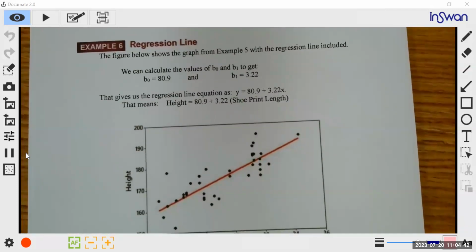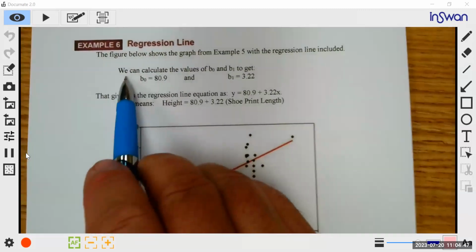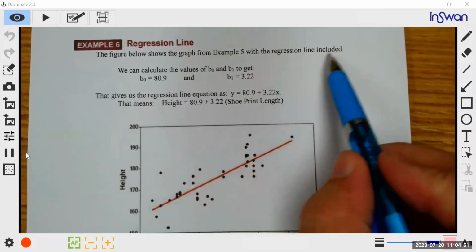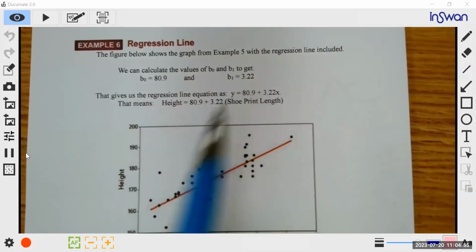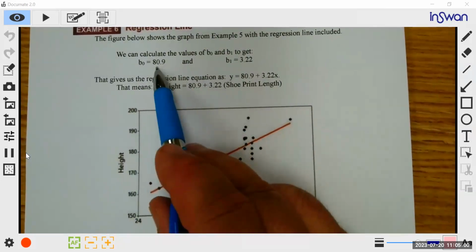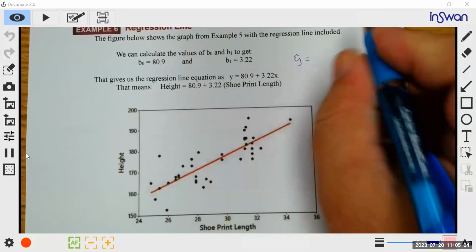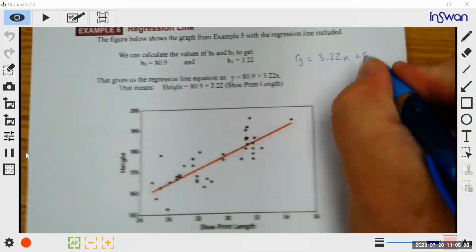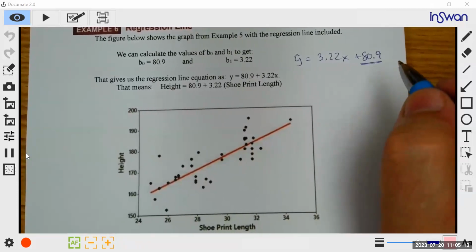Here's the example. This is our last example. Regression line. The figure below shows a graph of example 5, which we just looked at, with a regression line included. We calculate the values of B1 and B0. That will be another story. So putting it in there, we get y-hat equals 3.22x plus 80.9. Remember, this value here is the y-intercept.